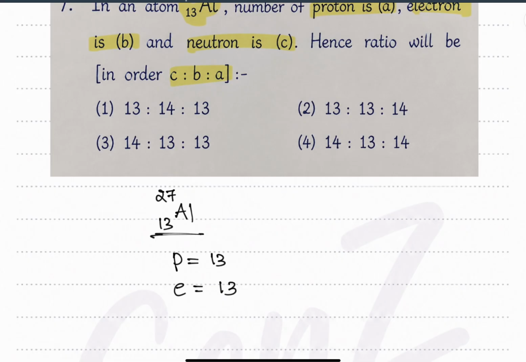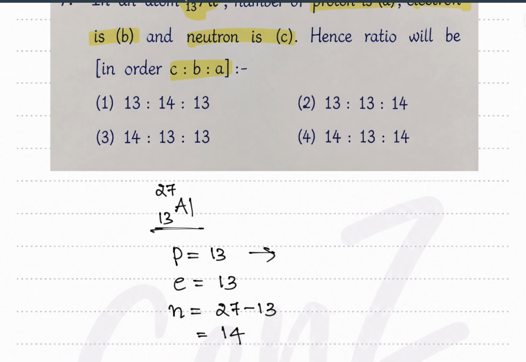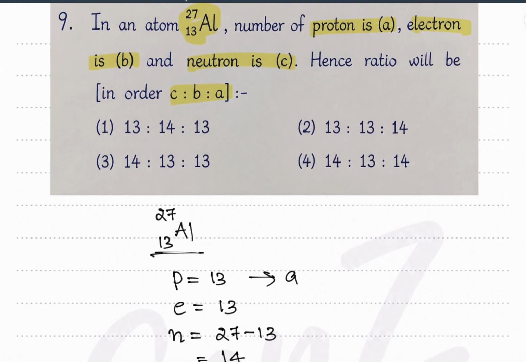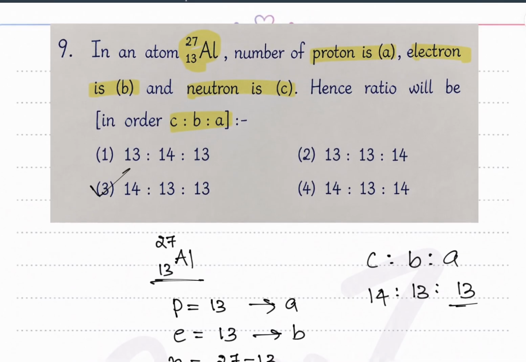Number of neutrons equals atomic weight minus number of protons, that is 14. Protons are A, electrons are B, neutrons are C. So the ratio C is to B is to A is 14 is to 13 is to 13. Option number 3 is the correct option for this question.